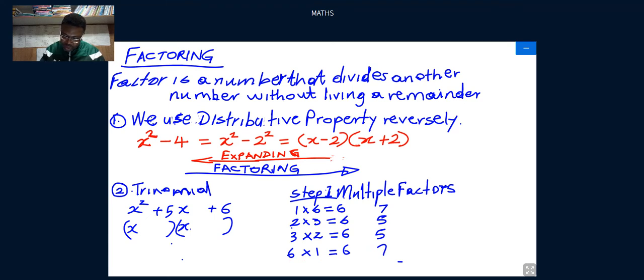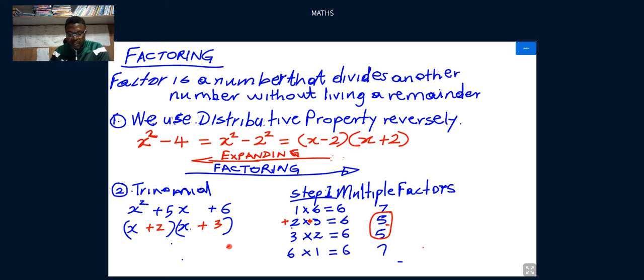So we are only selecting these two, and therefore what is the sign here? It is positive. What is the sign of 3? Also positive. So we take them as positive. Positive 2, positive 3. In this instance it does not matter because we are not doing any subtraction.